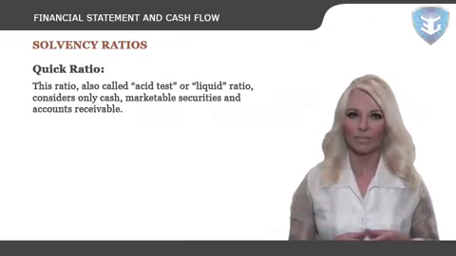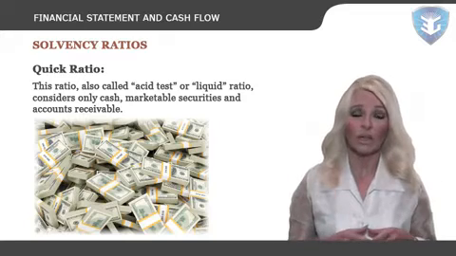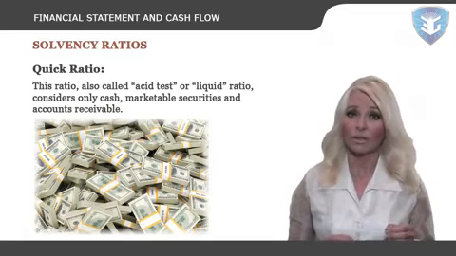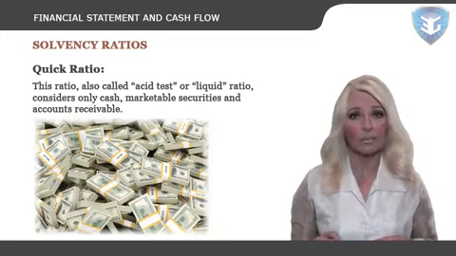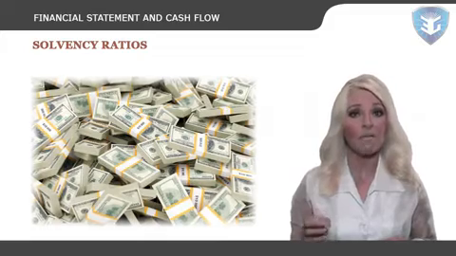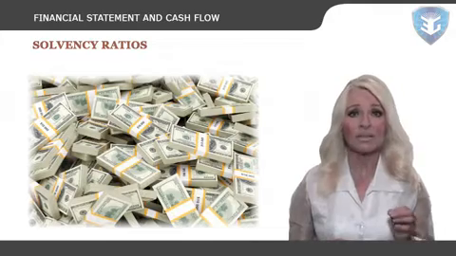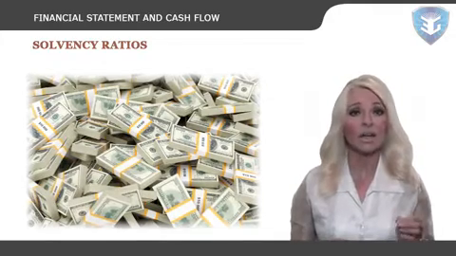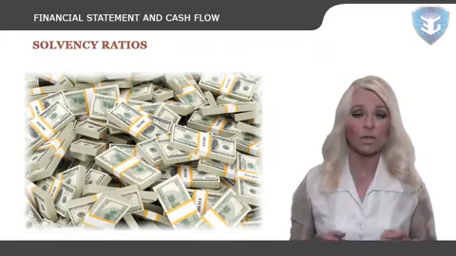Quick ratio. This ratio, also called acid test or liquid ratio, considers only cash, marketable securities, cash equivalents, and accounts receivable, because they are considered to be the most liquid forms of current assets. A quick ratio less than 1.0 implies dependency on inventory and other current assets to liquidate short-term debt.